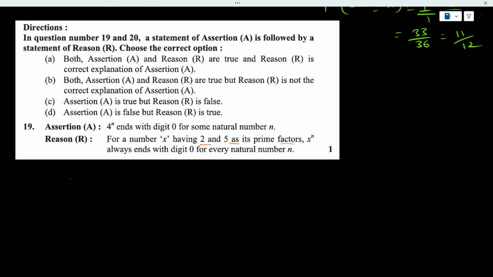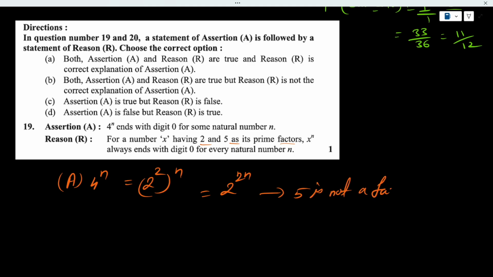But what will happen for assertion, if you see 4 to the power n, which can be written as 2 square to the power n, which is 2 to the power 2n. 5 is not a factor, right? If 5 is not a factor, it will not end with 0.